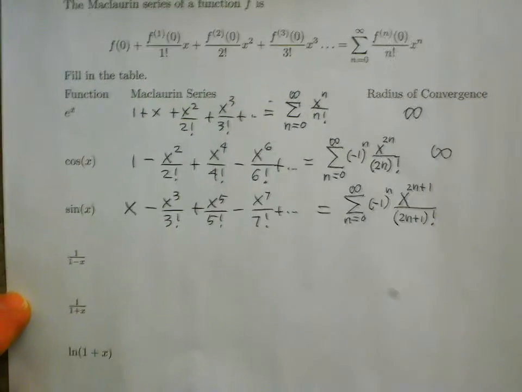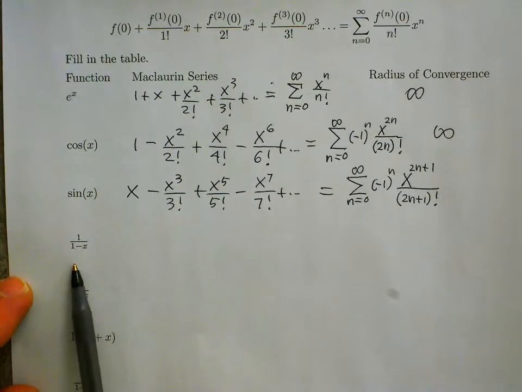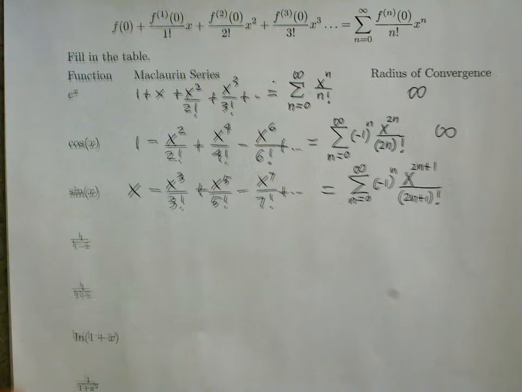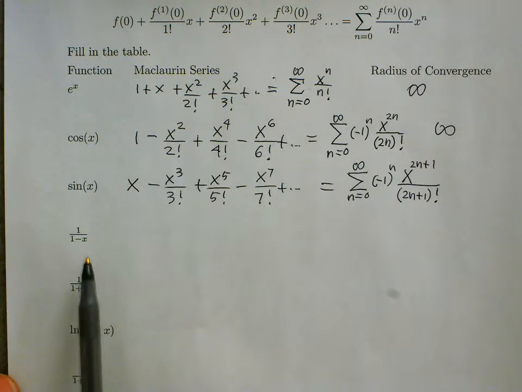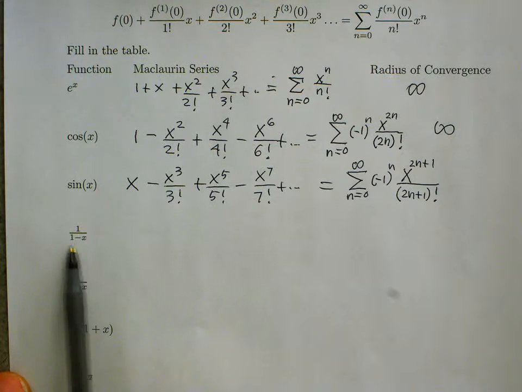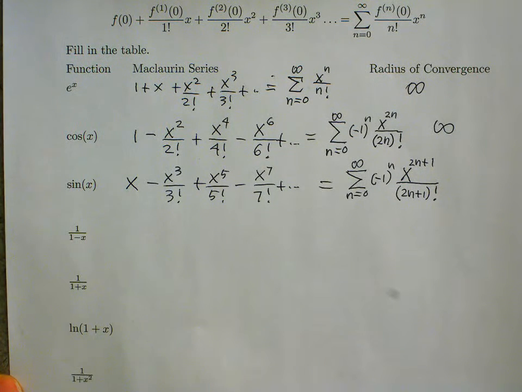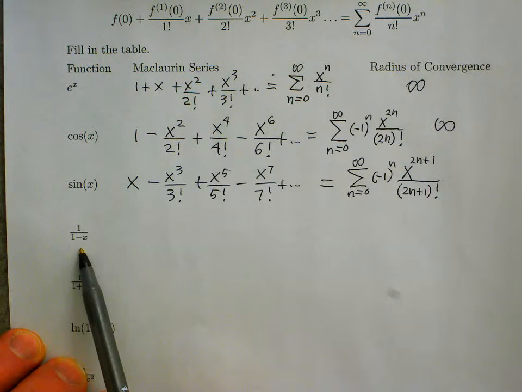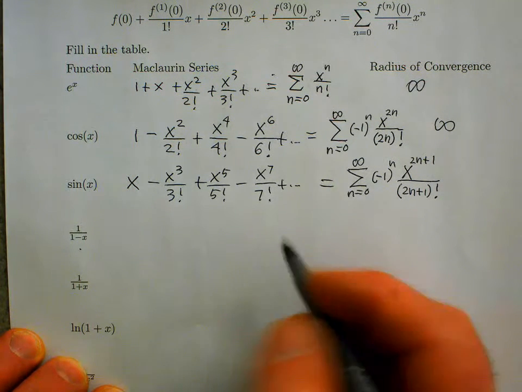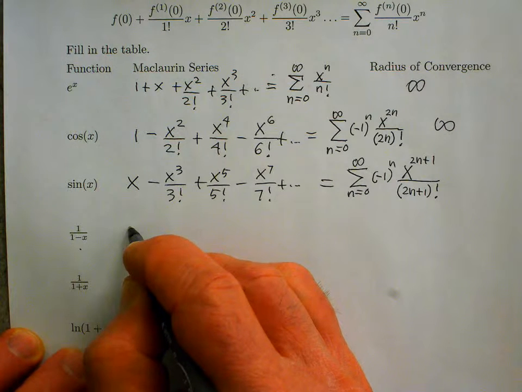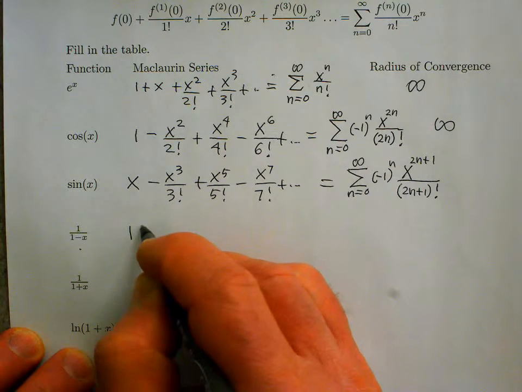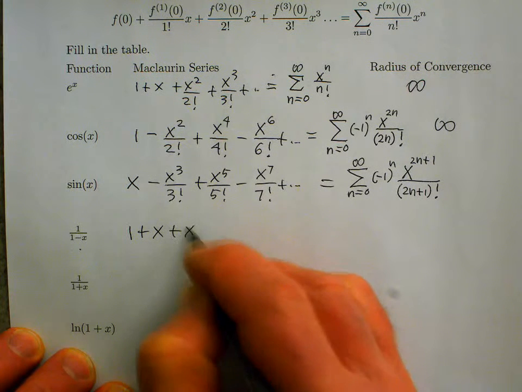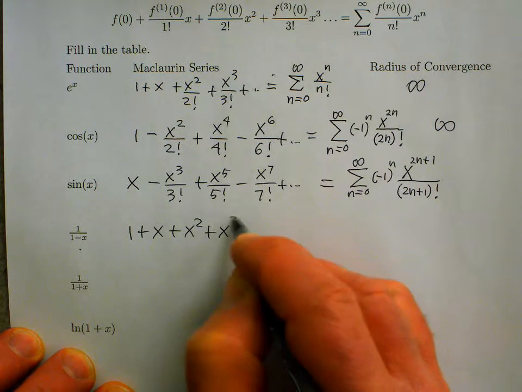The Maclaurin series for 1 over 1 minus x. Well, we know what 1 over 1 minus x looks like as a geometric series. And I checked, and the Maclaurin series for 1 over 1 minus x is the same. So it is 1 plus x plus x squared plus x to the 3rd, and so on.